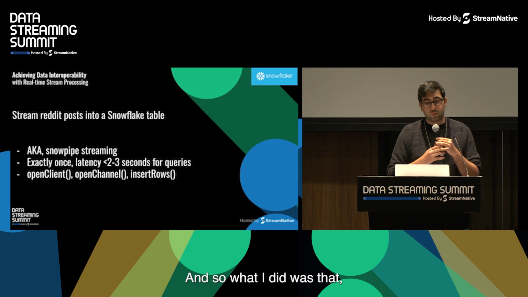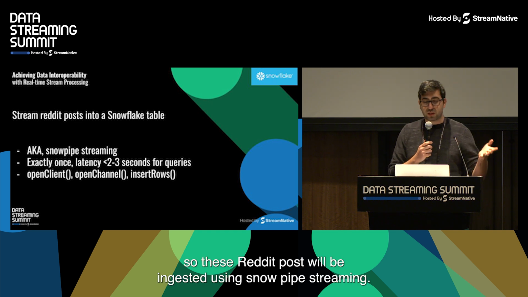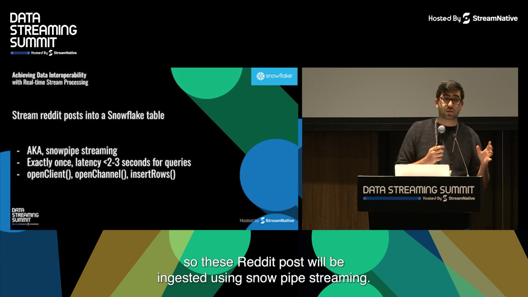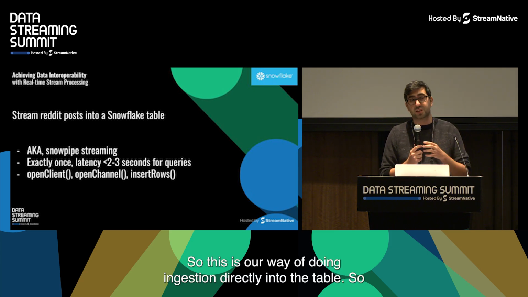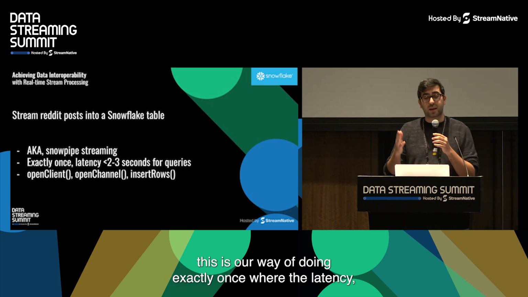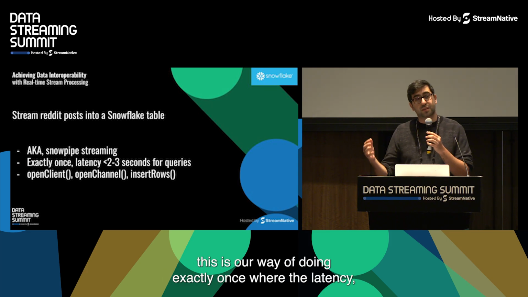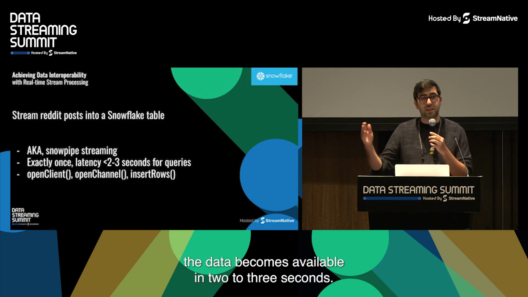And so what I did was that these Reddit posts will be ingested using Snowpipe streaming. This is our way of doing ingestion directly into the table. This is our way of doing exactly once, where the data becomes available in 2 to 3 seconds.